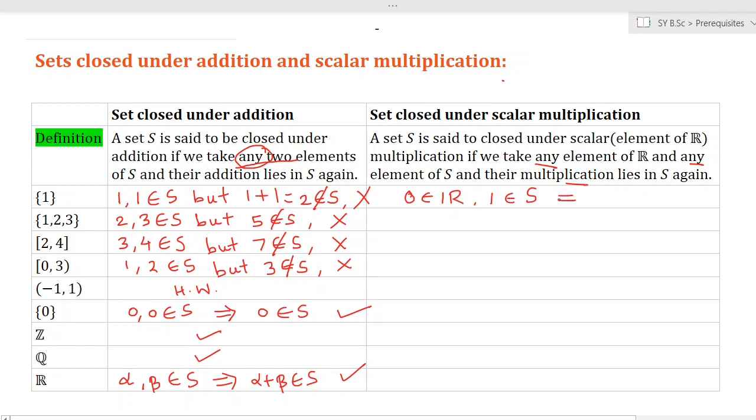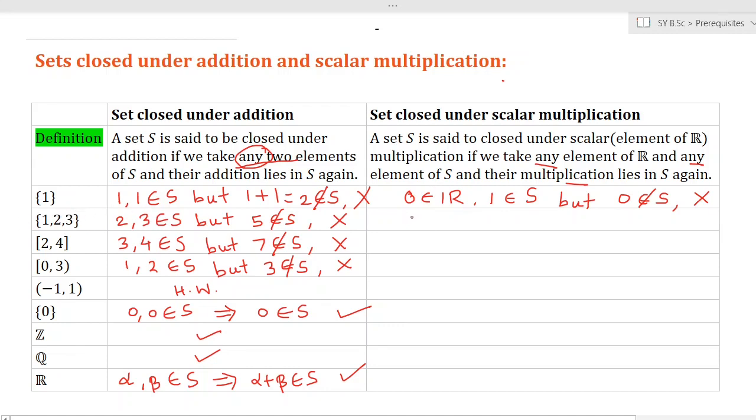So 1 belongs to S, but the multiplication, that is what? 0, which is not present in S. So therefore this is not closed under scalar multiplication. So here again I am giving a counter example in order to show that the set is not closed under scalar multiplication.